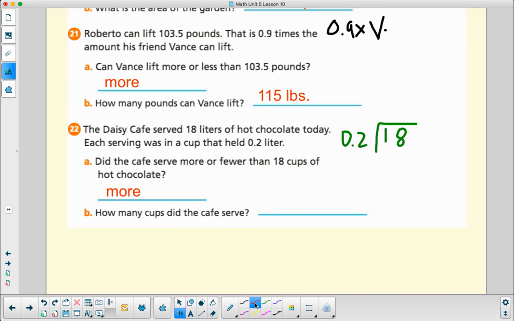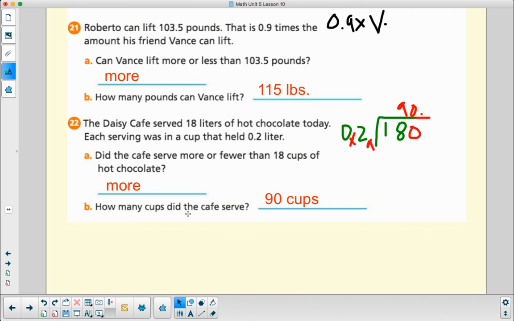So first thing I want to do, multiply my divisor by 10, because that makes it 2, and my dividend by 10 to keep an equivalent division problem, and that makes my decimal point there. Well, this is mental math. I know 18 divided by 2 is 9, so 180 divided by 2 is 90. The correct answer should be 90 cups that they served. And that makes sense. If there's 2/10 of a liter in each cup, they could serve 90 cups.